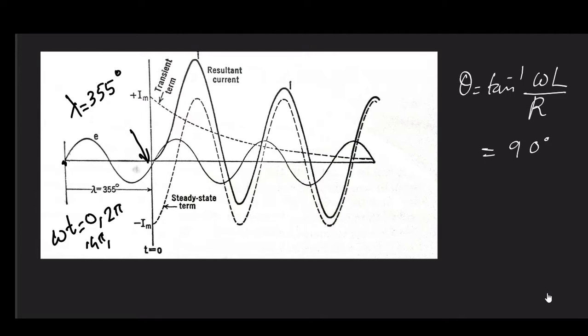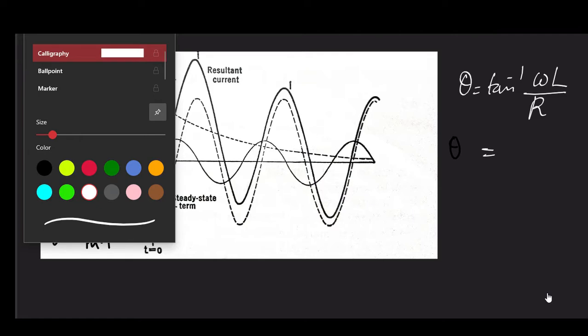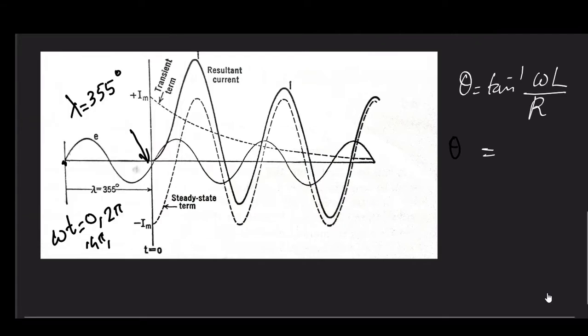Here we are assuming that theta is not 90 degrees, rather theta is approximately, and here I have taken an example from a book, theta is -85 degrees, right?